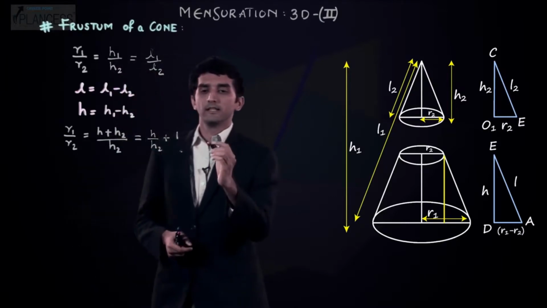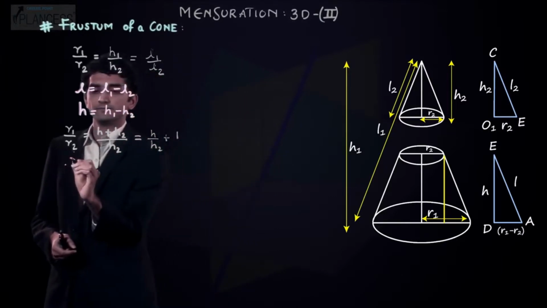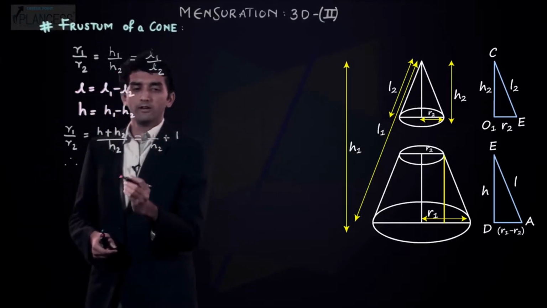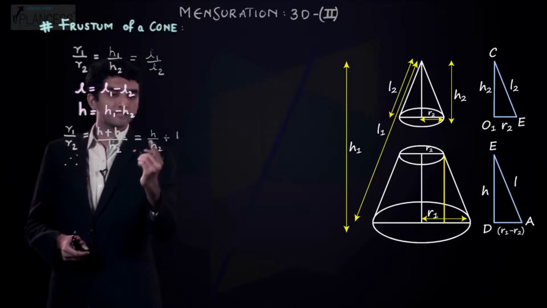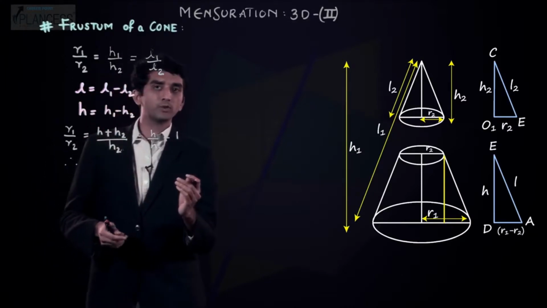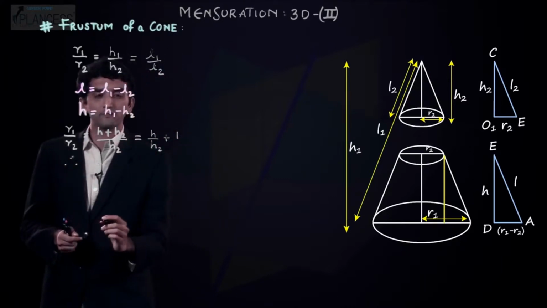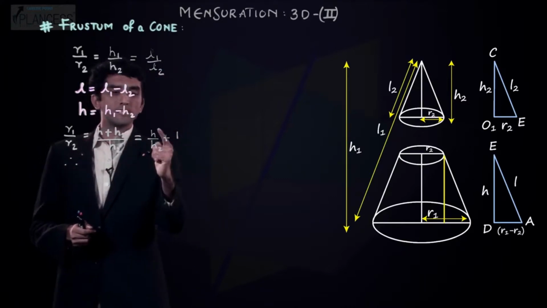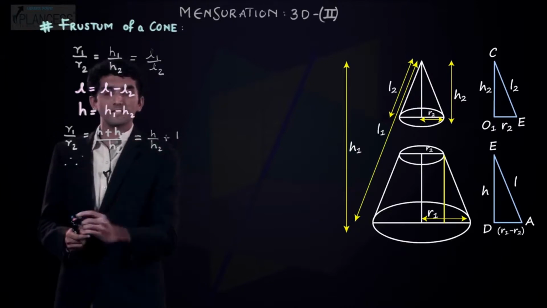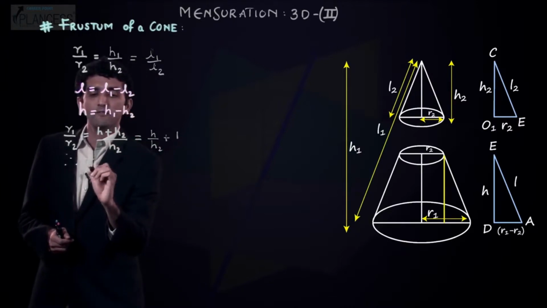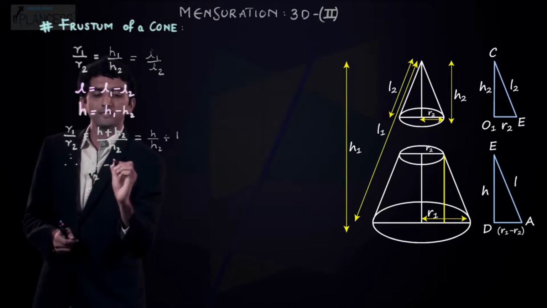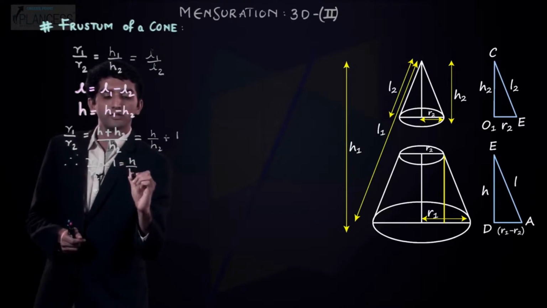So now this further gives us, since our target is h2, we need to make sure that we have h2 separately. So we take the 1 on the left hand side. R1 upon R2 is H upon H2 plus 1, and taking 1 to the left hand side, we have R1 upon R2 minus 1 equal to H upon H2.